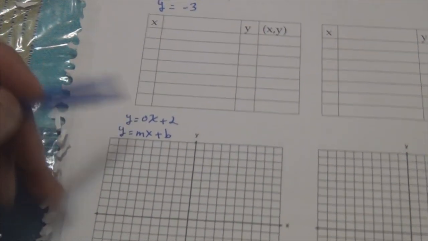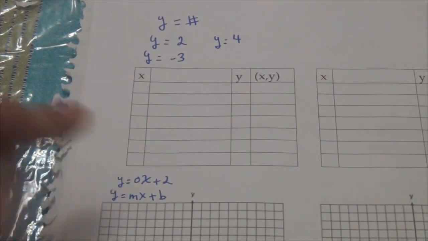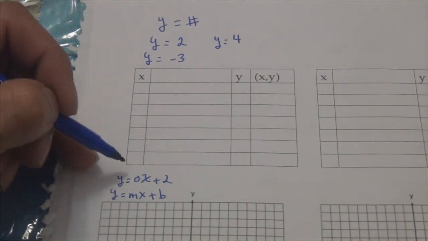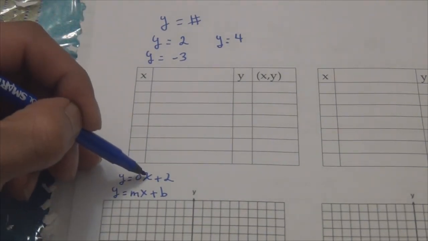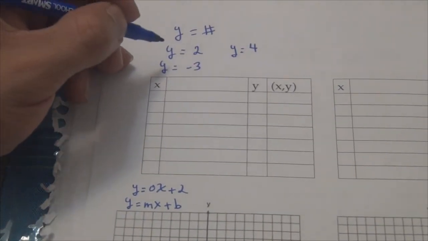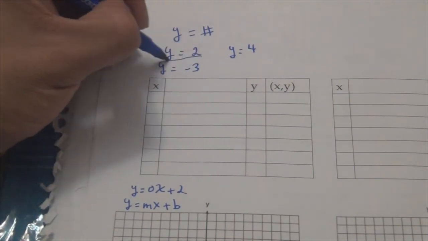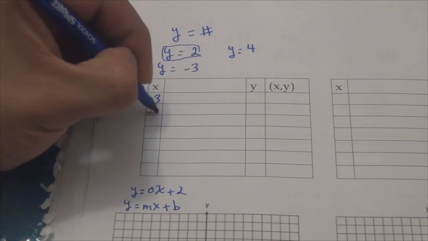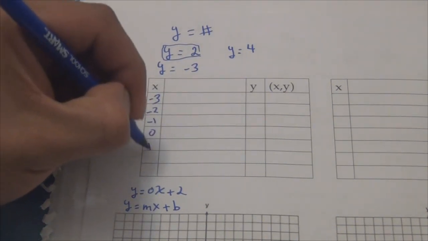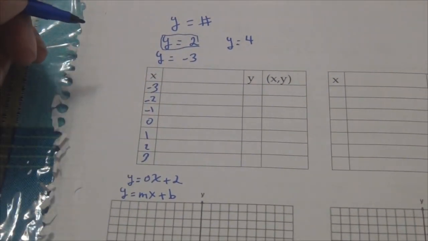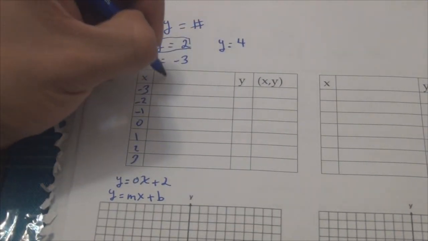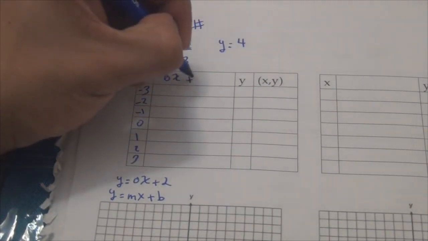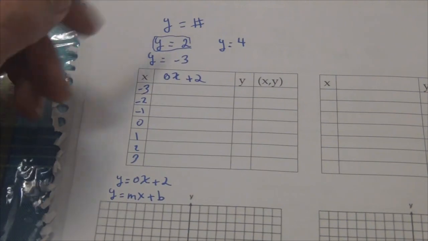Now let's fill out the table of values based on this equation. So this is the equation I'm doing right now. Let me give values: -3, -2, -1, 0, 1, 2, 3. And in here I have 0x plus 2, just for the sake of doing it, remember?